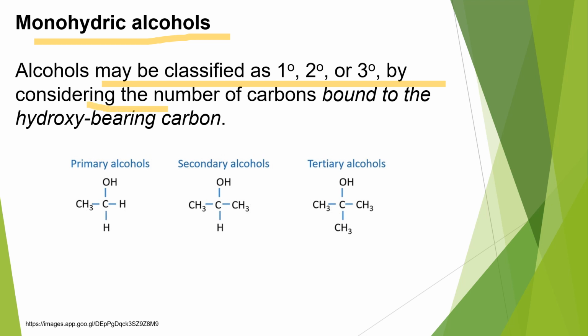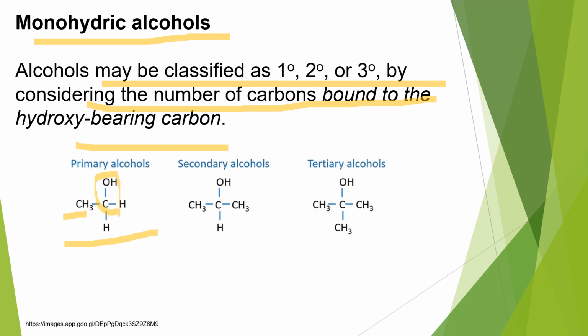By considering the number of carbons bound to the hydroxy-bearing carbon. So if you want to name an alcohol as primary, secondary or tertiary, what do we have to observe?